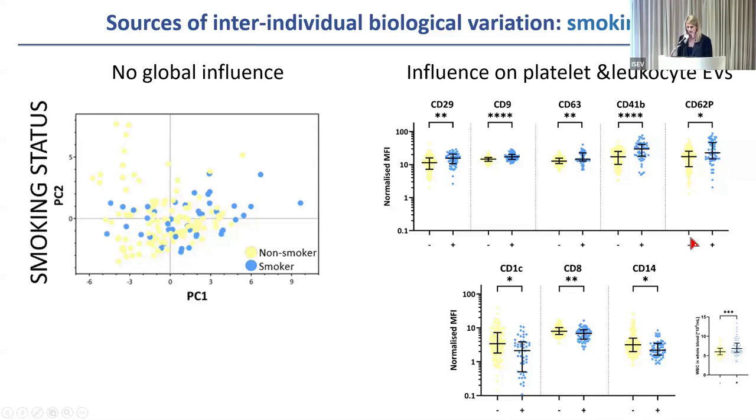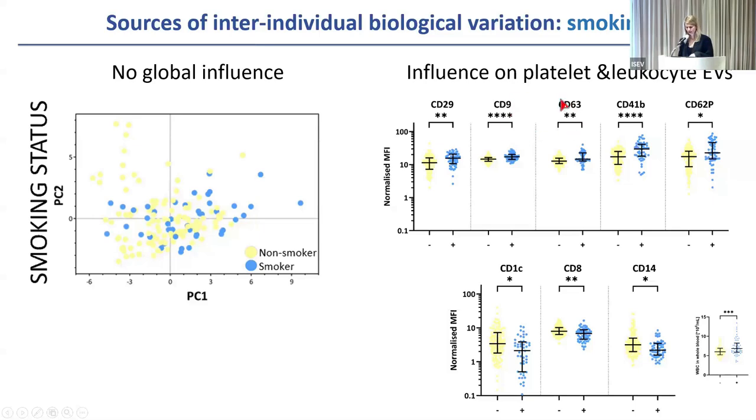Okay, for smoking, it actually affected the expression levels of several different markers on tetraspanin positive EVs. So for those more connected to platelets, we could observe an increase in expression level of CD63, CD41B, CD62P, and also CD9.